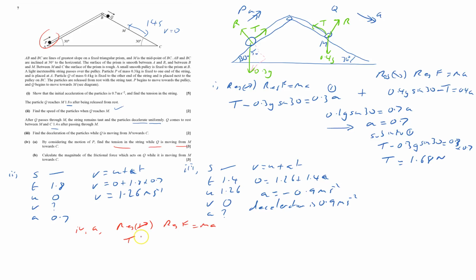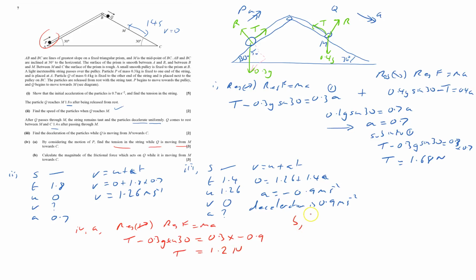What have I got going that way? I've got T going up minus 0.3 g sine 30, and I've got no other forces, and that will equal the mass, which is 0.3, times the acceleration, minus 0.9, and that works out that T equals 1.2 newtons.